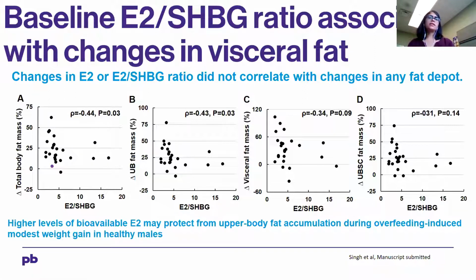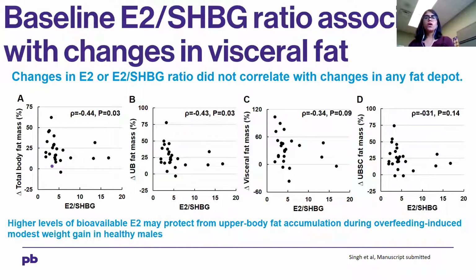So this suggested that the higher levels of bioavailable estrogens may protect from upper body fat accumulation during overfeeding induced modest weight gains in healthy males. So estrogens might still be very important because they might be the ones which stop you from gaining fat in the wrong place during energy excess conditions, right?